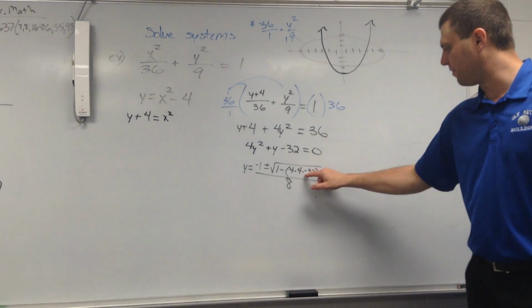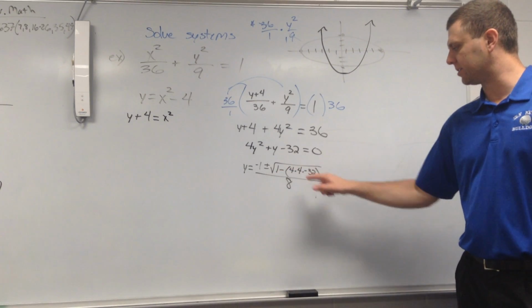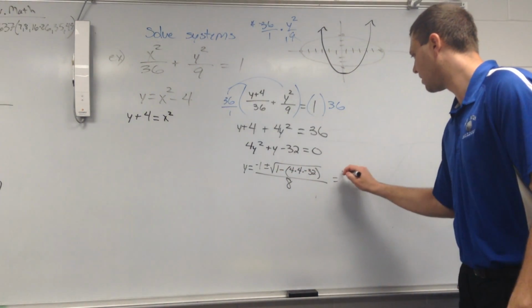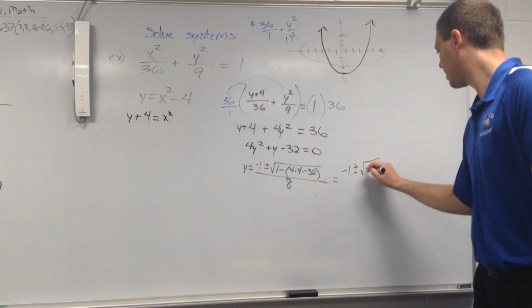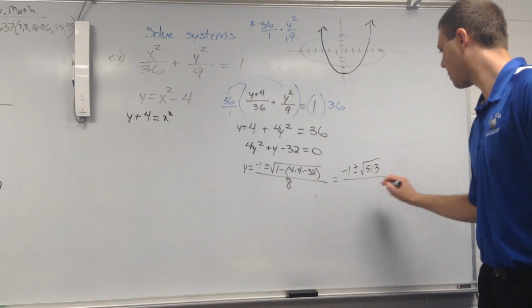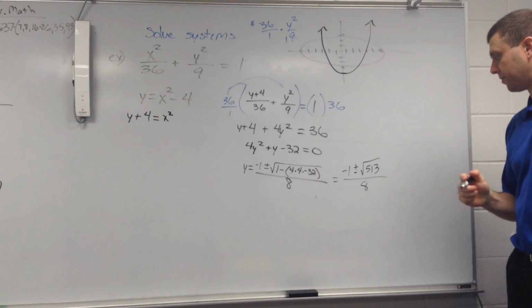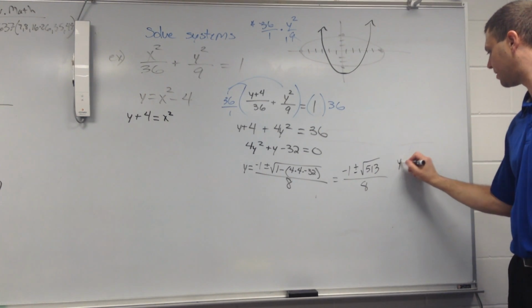There's a negative 512 in here, so 1 minus a negative 512 would be 513. So negative 1 plus or minus the square root of 513 all over 8.